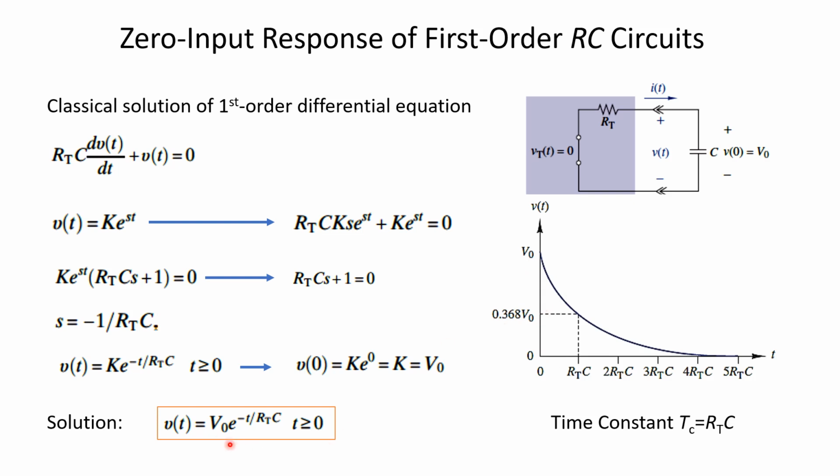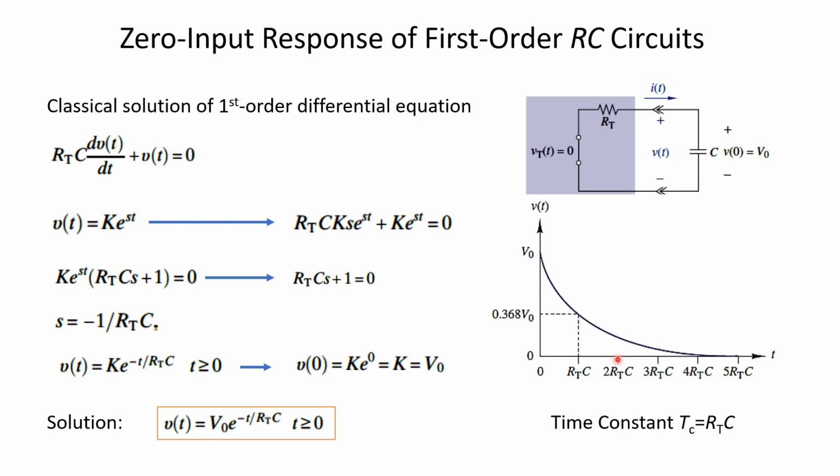So at t equal to 0 it will be V0, and then we have discussed in our previous lectures in chapter 4 that this is the property of an exponentially decaying function, that it reduces to 36.8% of its previous value after each time constant. So if t is equal to 1 RC, this value is 36.8% of the previous value.